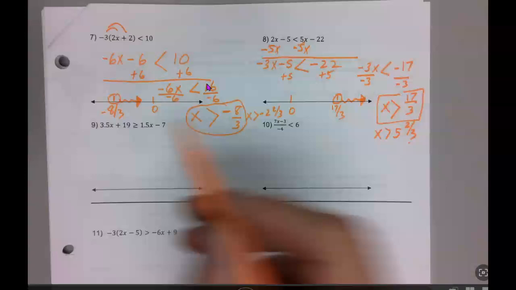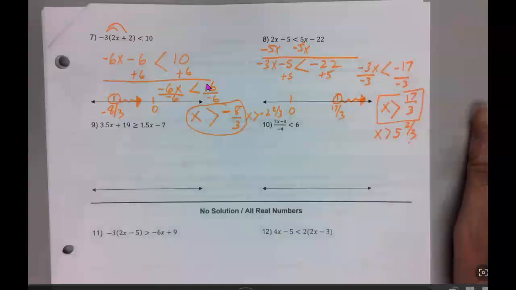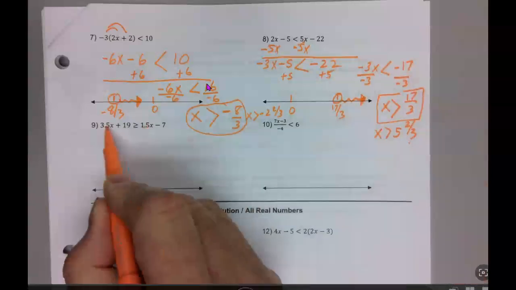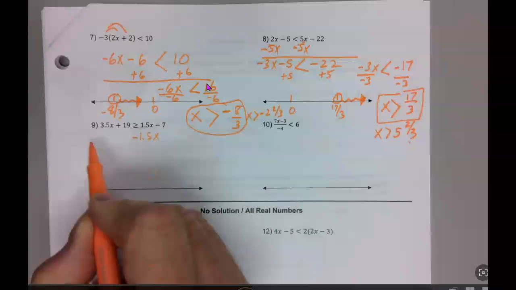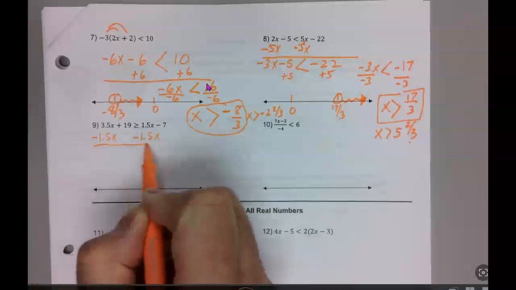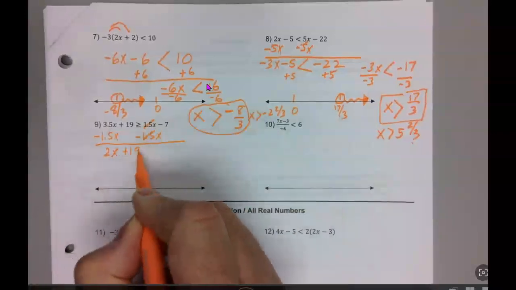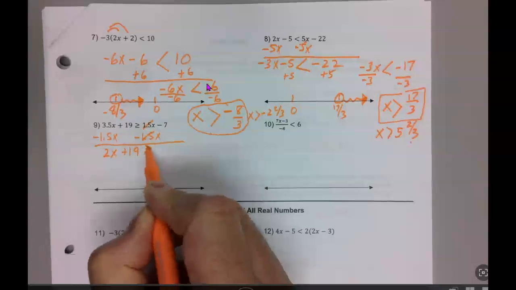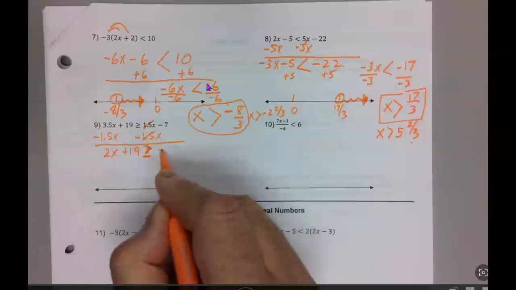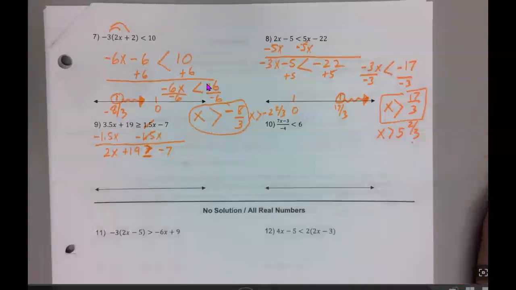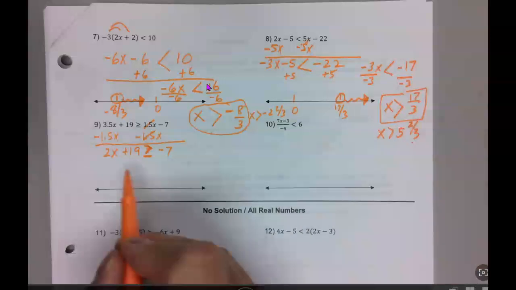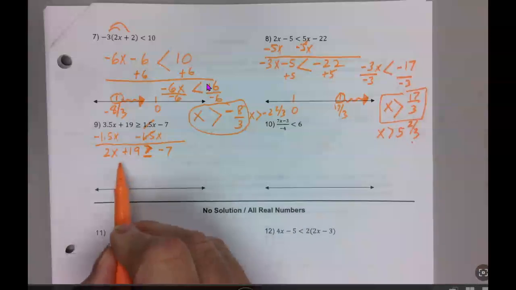Okay, this one here, what are we going to do? I guess subtract 1.5x, don't I? And that gives me 2x. Correct? Now what am I going to do? What sign's in front of 19? So I'm going to subtract 19, correct?